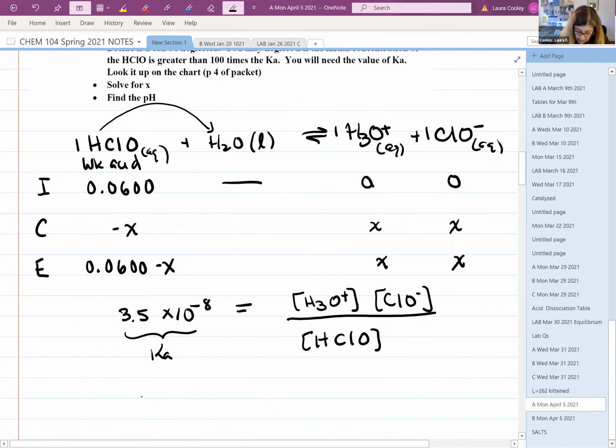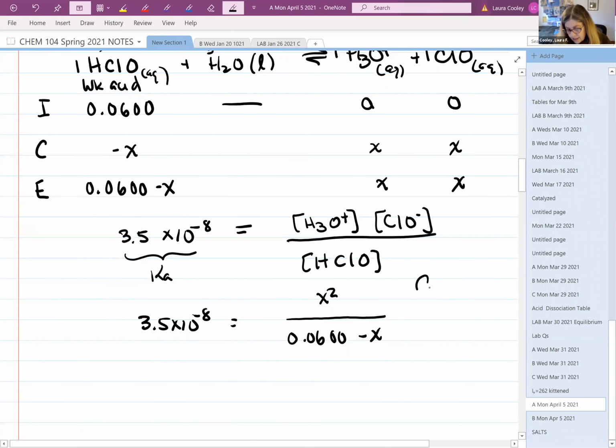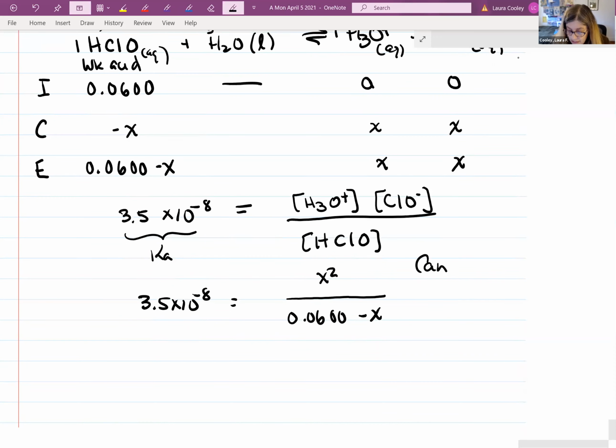Okay, now in terms of X, this is X times X, or just X squared, over 0.0600 minus X. Now, the thing is, can we neglect the X?